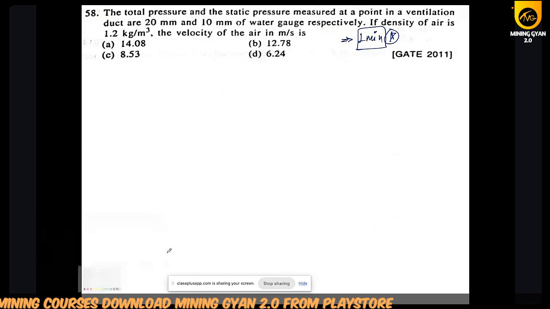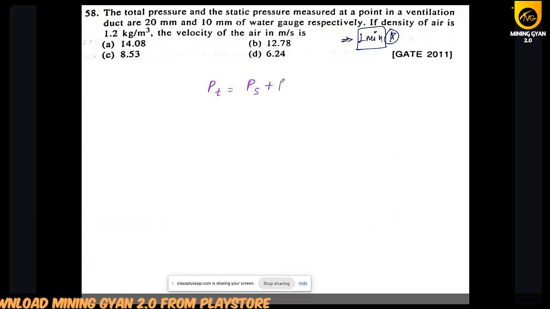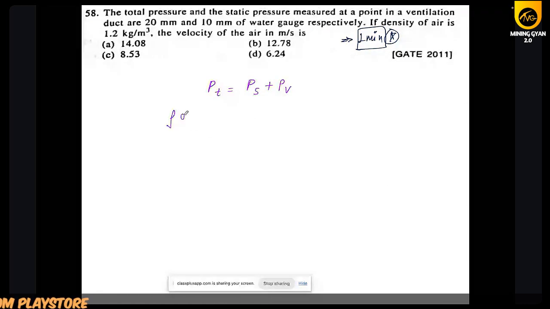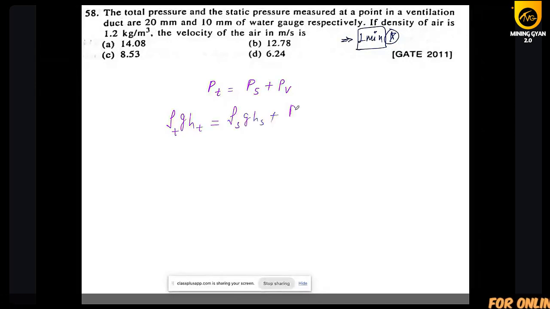So total pressure equal to static pressure and velocity pressure. Static pressure क्या होता है, rho g h, and P is the velocity pressure.